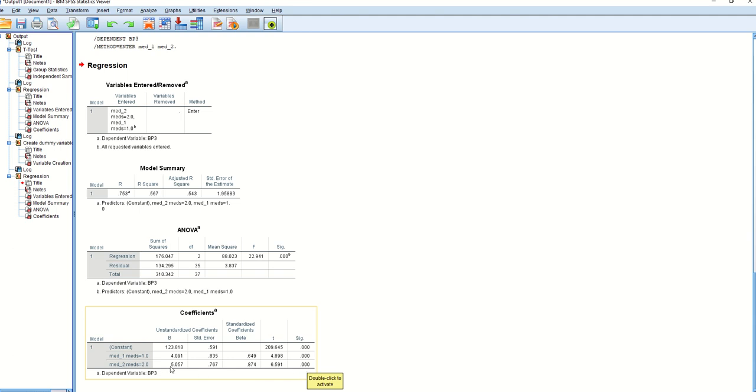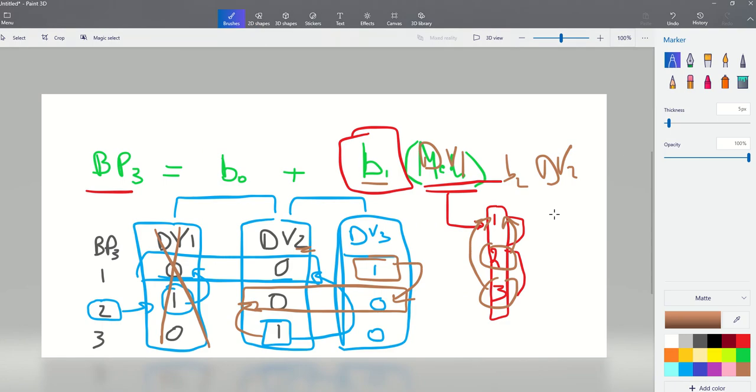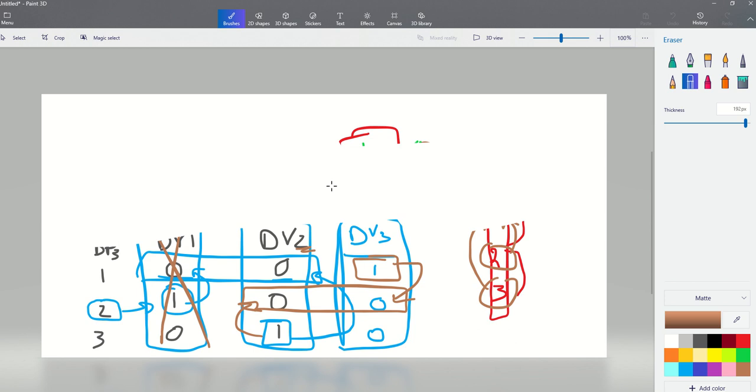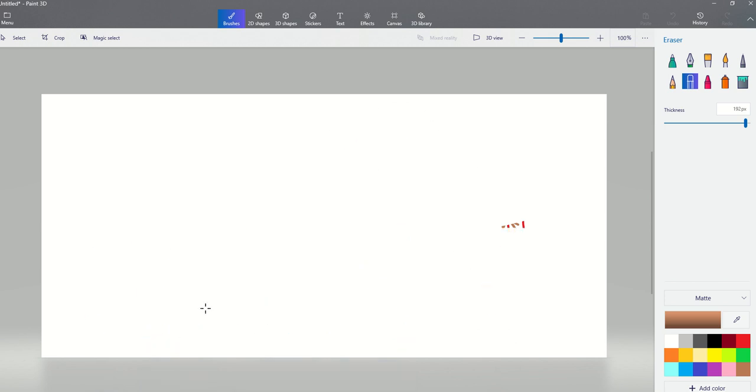All right, so how do we interpret this model? How can I read it? So 123, 4 for med1, and 5 for med2. So that means if I want to write the model, I can write it this way.